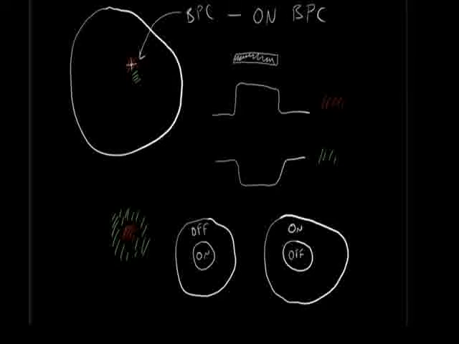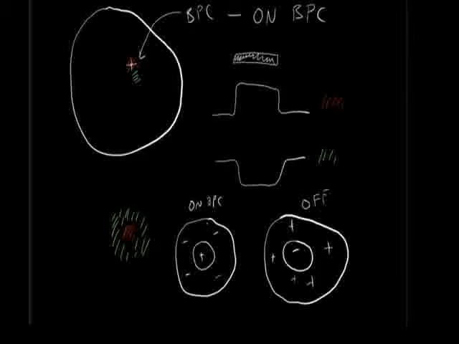So the response to light for an on bipolar cell: I get excitation here and inhibition in the surround. For an off bipolar cell, I get inhibition here and excitation around here.